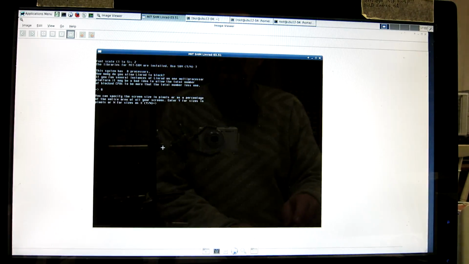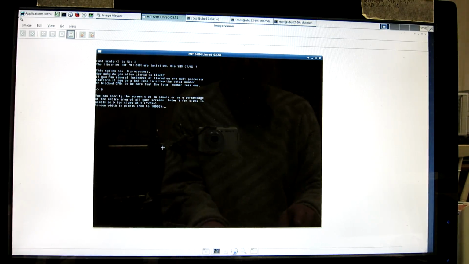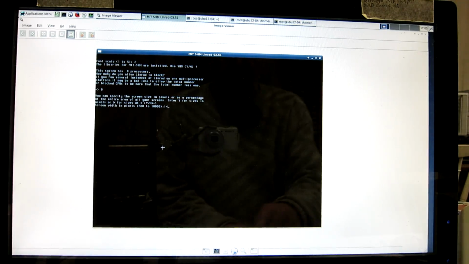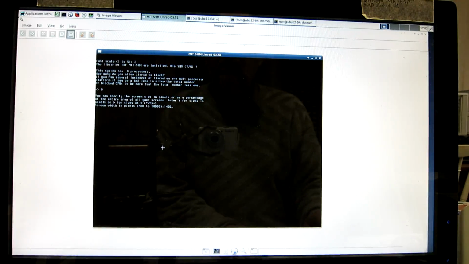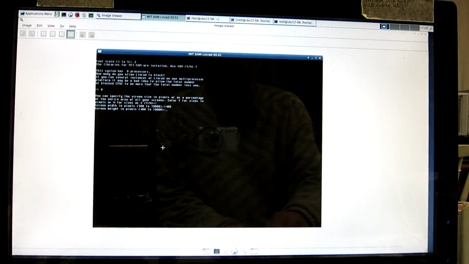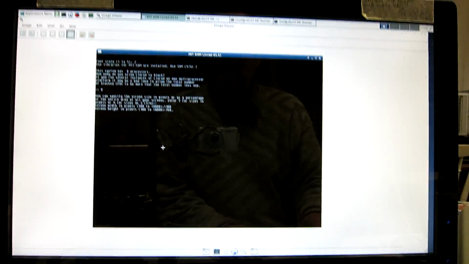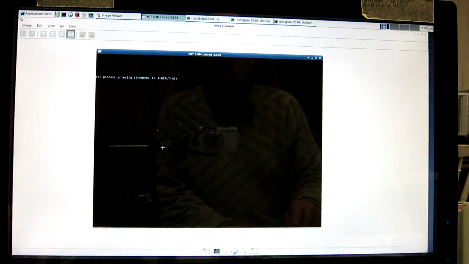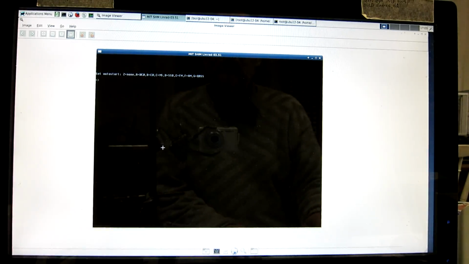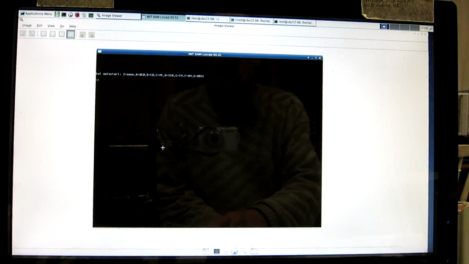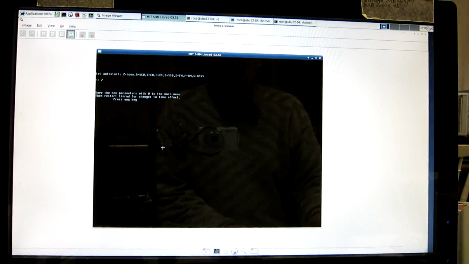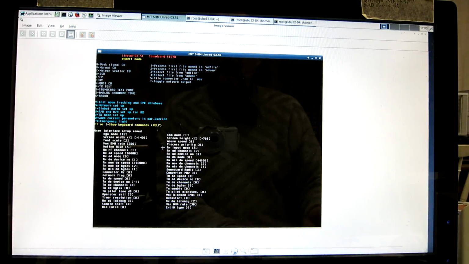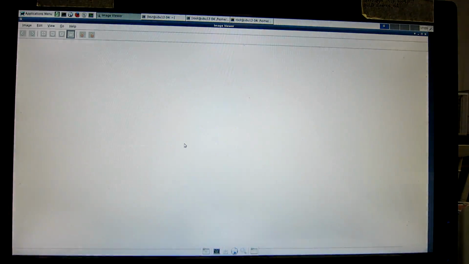Specify screen in pixels, yes, and I make it a little bit wider, 1400 by 768, and normal priority, and no auto start. And save. And now I have to exit, escape, and restart.